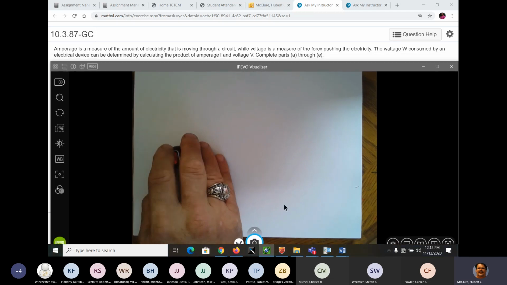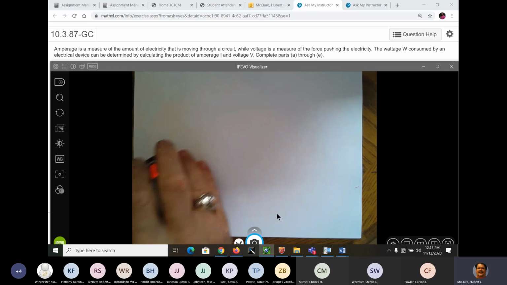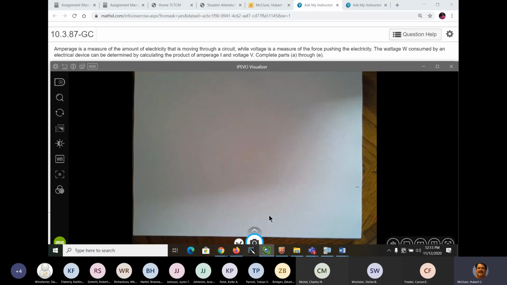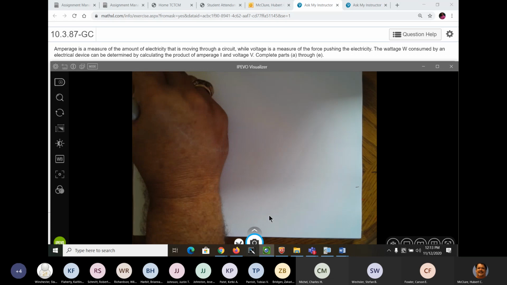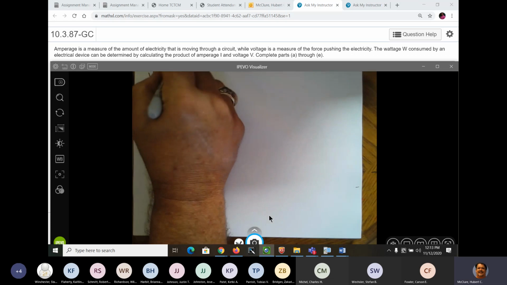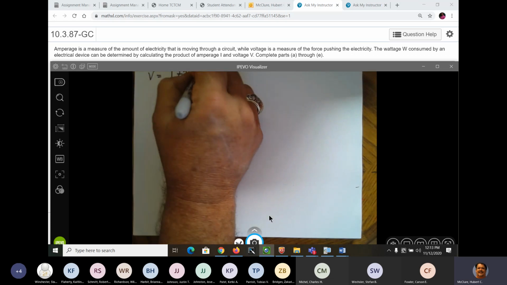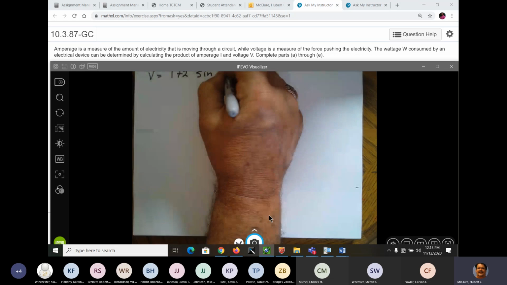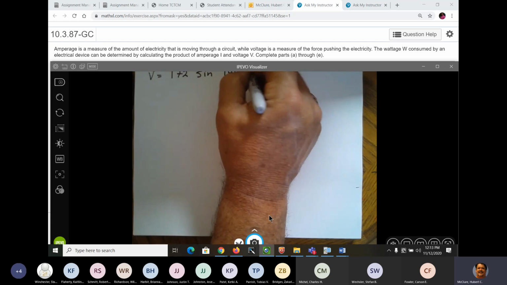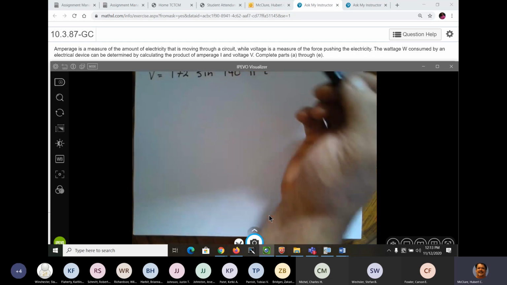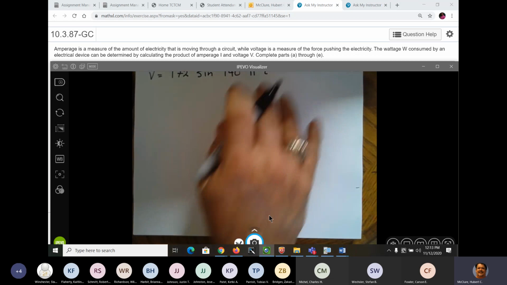Okay, amperage, and so on. And I've got voltage is equal to 172 sine of 140 pi times T. And that's for voltage.